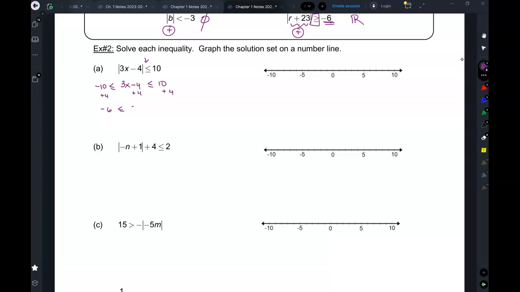Negative 6 less than or equal to 3x less than or equal to 14. Divide by 3: negative 2 less than or equal to x less than or equal to 14 over 3. 14 over 3 is 4 and a little bit, and it's going to go in between.